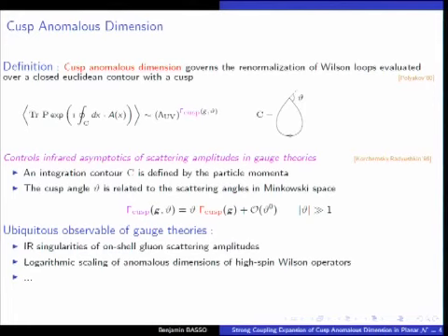As in the case of Wilson operators, which are composite operators taken at the same point, such a cusp in the contour produces a new kind of singularity, and to this singularity is associated an anomalous dimension. This anomalous dimension depends on the coupling constant of the gauge theory, and also on the angle theta.